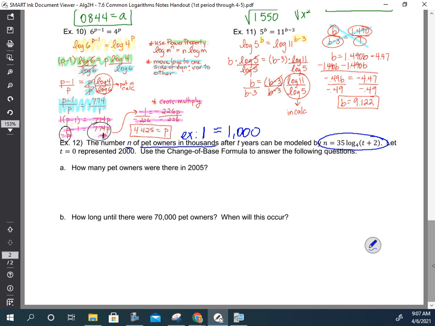And they're telling you that t equals 0 represents the year 2000. So t equals 0 is 2000. That means t equals 1 would represent the year 2001. If you're talking about the year 2021, this year, that would be 21.